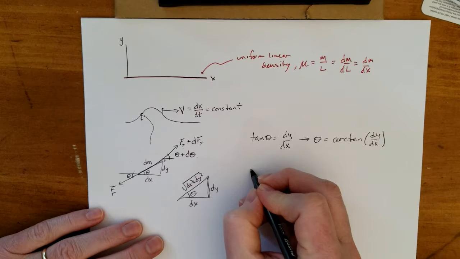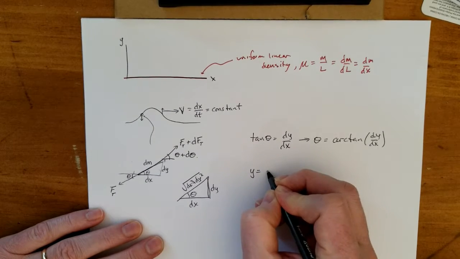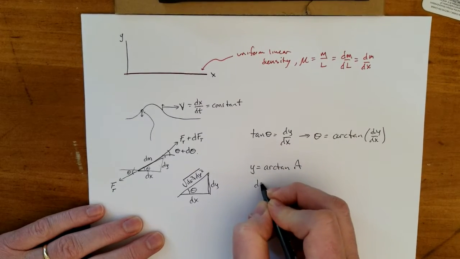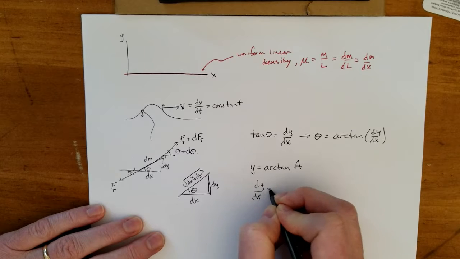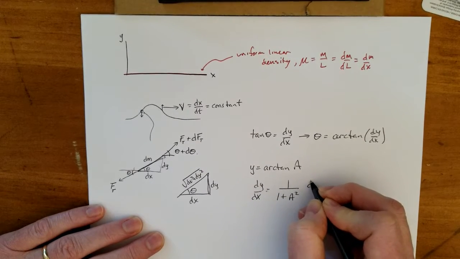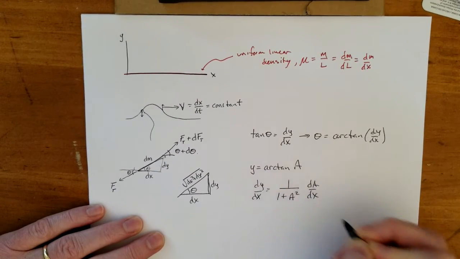I do want to point out that if y is equal to the arctan of a, then dy/dx is equal to 1 over 1 plus a squared times da/dx.